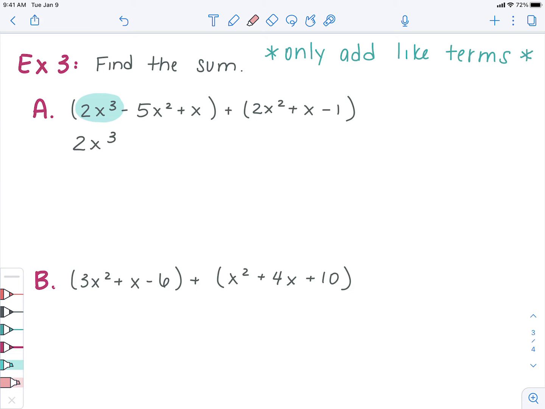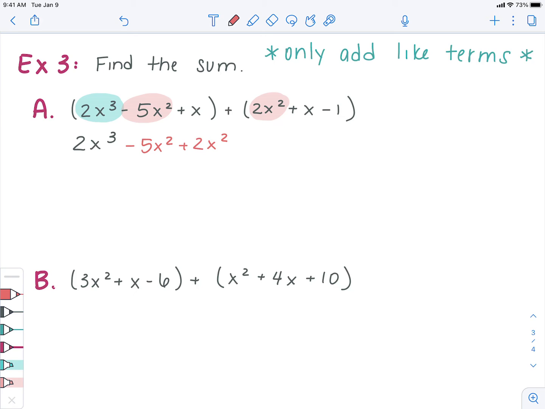Then I see, okay, now I have a negative 5x squared. And over here, I have a 2x squared. So I'm going to take the negative 5x squared and the positive 2x squared, and I'm going to put them next to each other since they're like terms, and that'll make it a little bit easier for me to go in and simplify once I'm done.